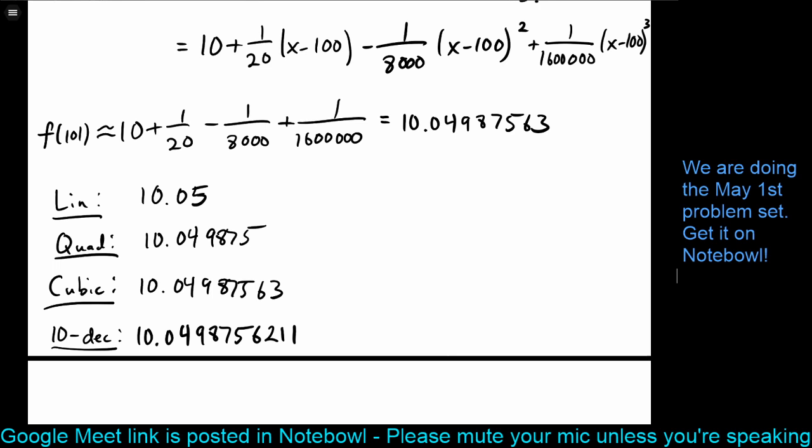If we look at the quadratic one, this improves drastically. And if you look at the cubic one, we get some improvement. There's not a lot to improve on, depending on what precision you want, how many decimal places you want. But the higher degree Taylor polynomial you use, the better approximation you're going to get.